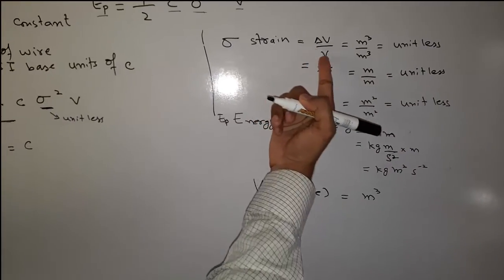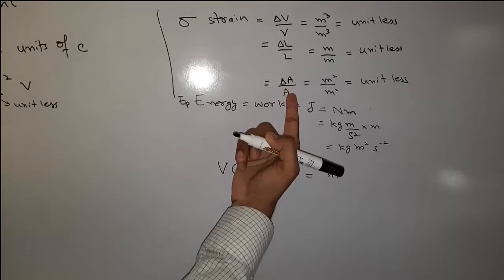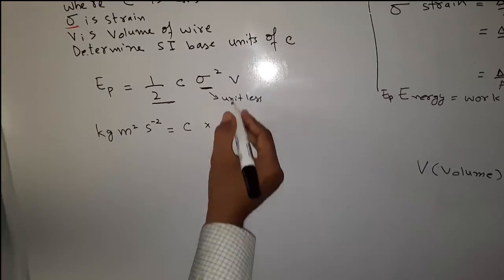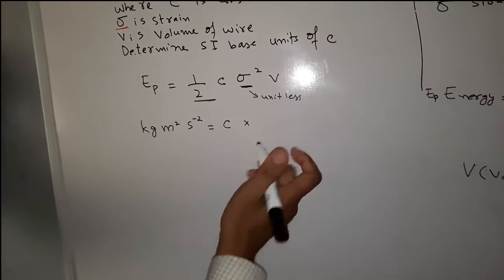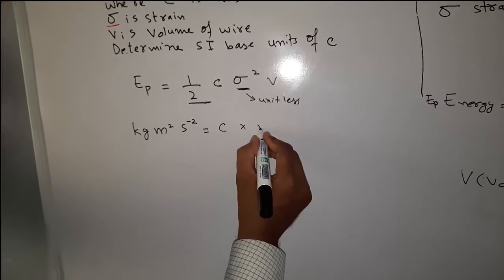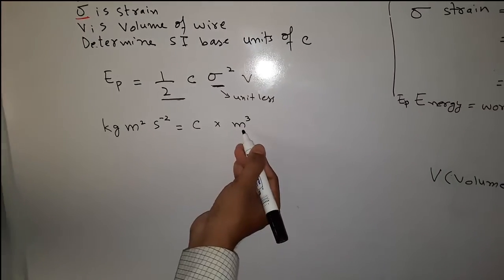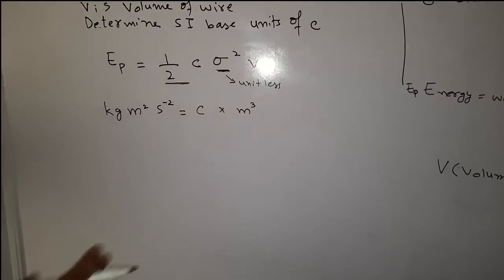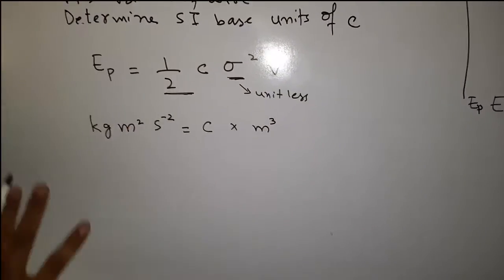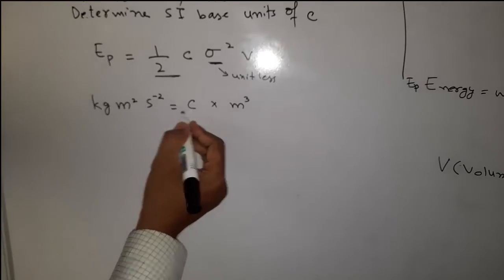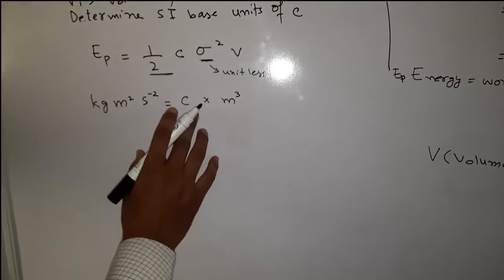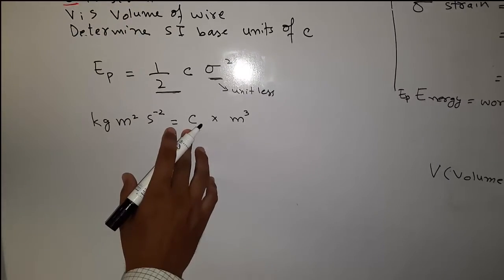Either it is volumetric strain, tensile strain, or shear strain, so unitless. So we will move towards volume, meter cube, because we are only dealing with units. This meter cube is multiplying, so we will shift it to the left side. Yes, you can ask that in the previous case we first made C the subject and then solved, and right now we didn't make C the subject earlier.